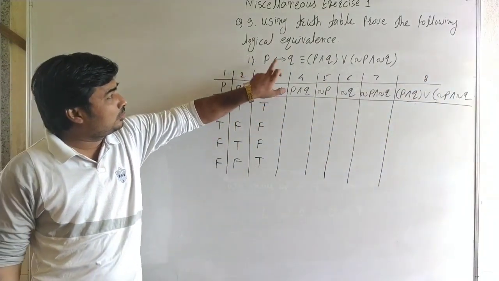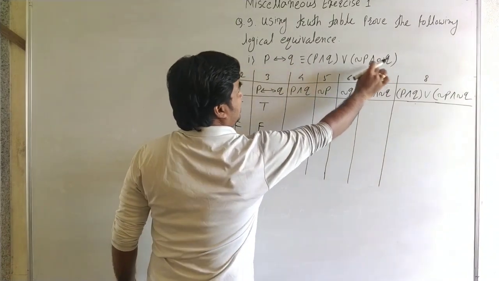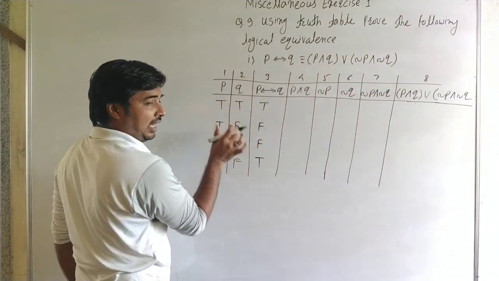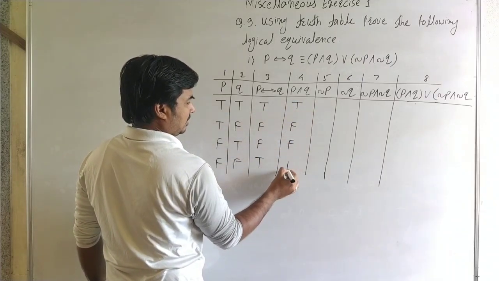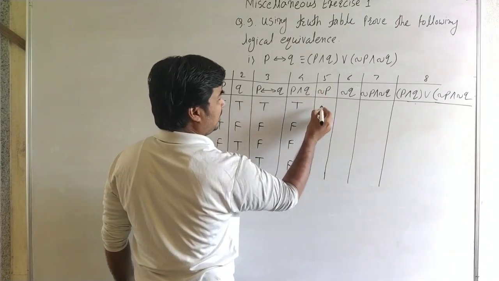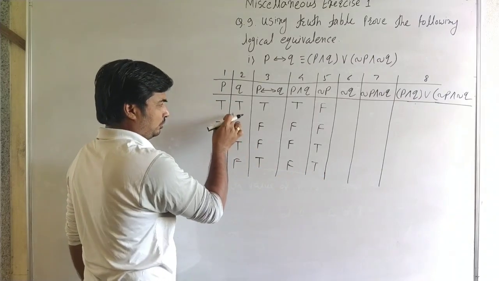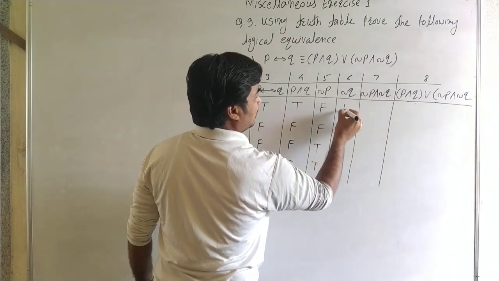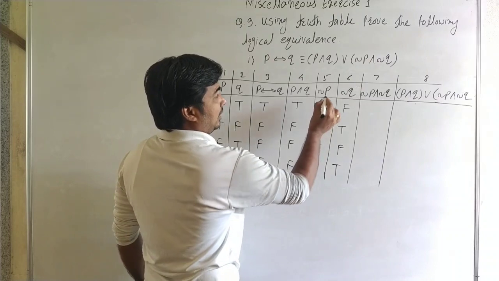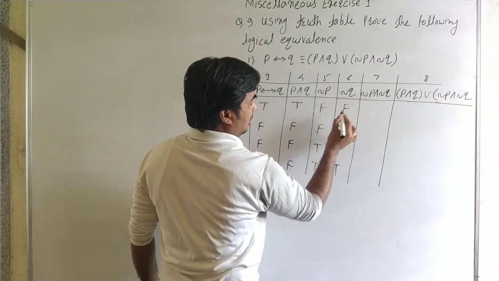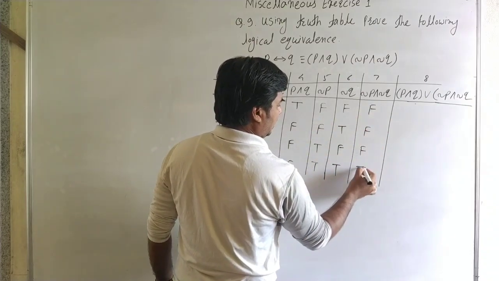The truth value of the LHS is true, false, false, true. Now for the RHS, first find P and Q: in AND, when both are true the result is true, then false, false, false. Negation P is false, false, true, true. Negation Q is false, true, false, true. Now negation P and negation Q: in AND, when both are true the result is true, so it is false, false, false, true.